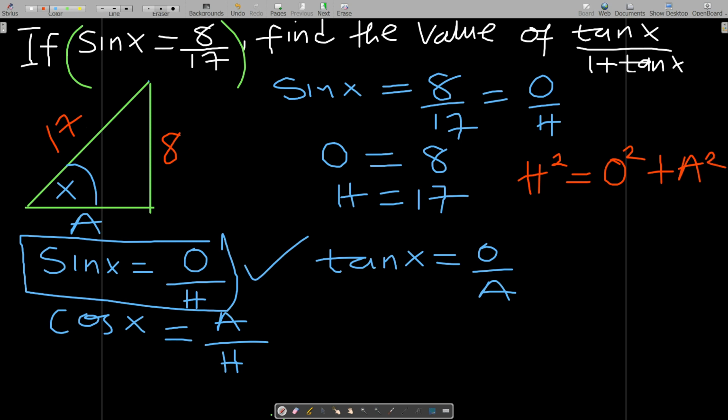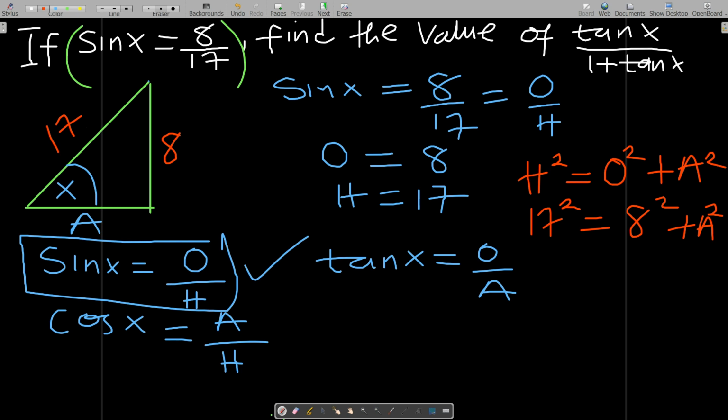Now we know the hypotenuse and the opposite, so we are left with the adjacent. So 17 squared should be equal to 8 squared plus adjacent squared. We want to find adjacent so that we can find tan of x, because tan of x depends on opposite and adjacent.